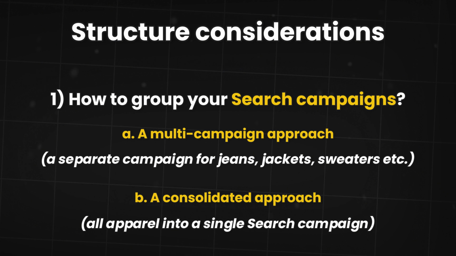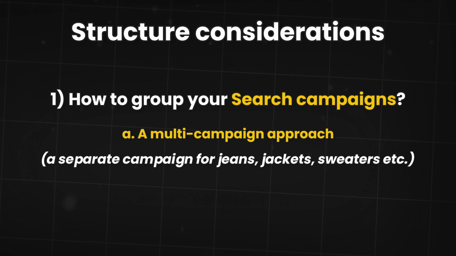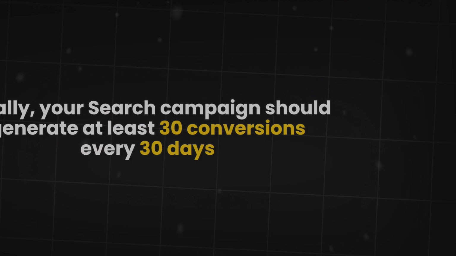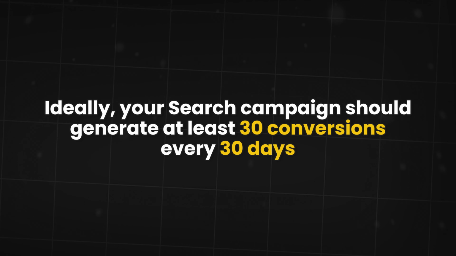The advantage of the first approach is that you will have control over how much you're spending on each product category. But one key point to consider is that ideally, your search campaign should generate at least 30 conversion events every 30 days or one per day on average, because Google AI and smart bidding strategies need sufficient conversion data to learn and optimize effectively.